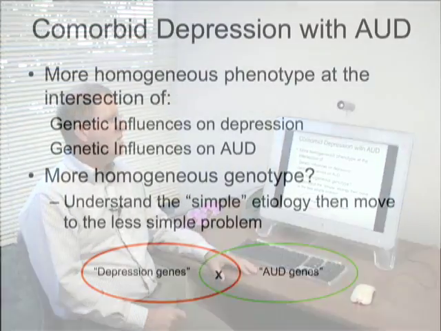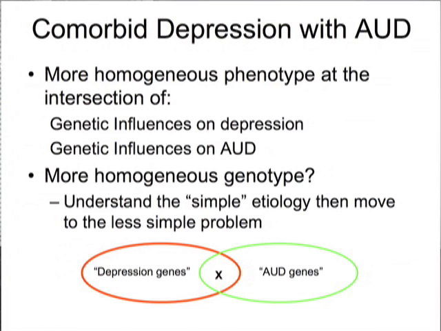So, first question might be, why look at comorbid alcohol use disorders with depression? And the idea is to identify a more homogeneous phenotype, which potentially would reveal a more homogeneous genotype by looking at the intersection of genes that predispose depression and genes that predispose alcohol use disorders.